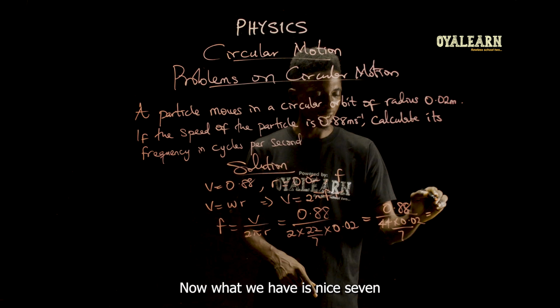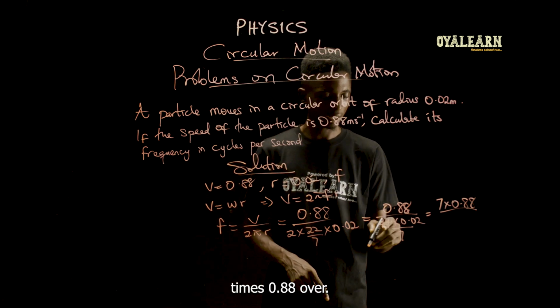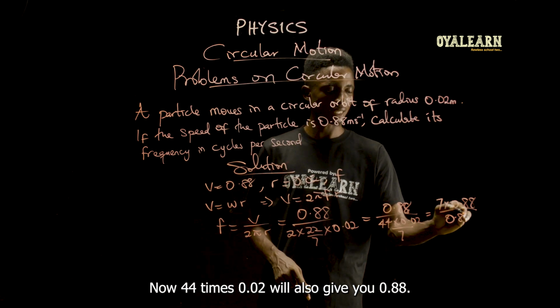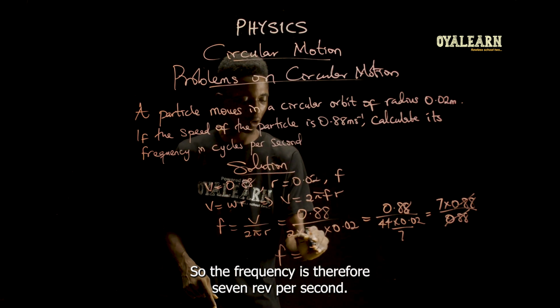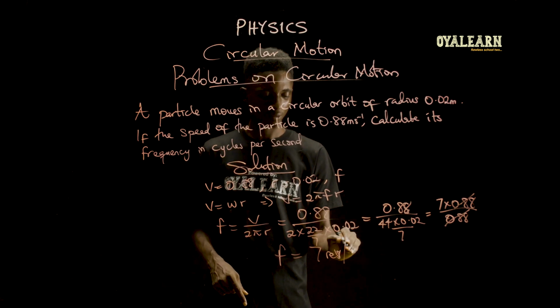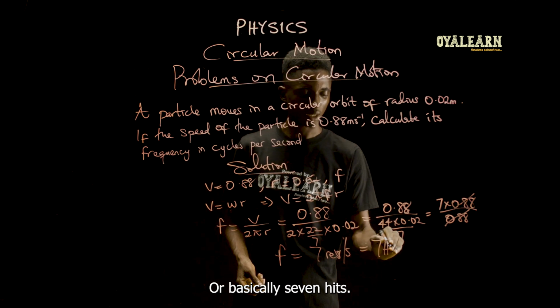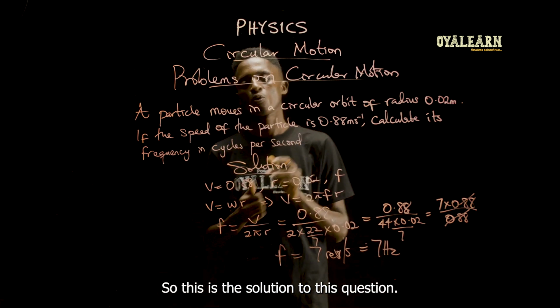Now what we have is 7 times 0.88 over, now 44 times 0.02 will also give you 0.88. So this cancels out. So the frequency is therefore 7 rev per second, or basically 7 hertz. So this is the solution to this question.